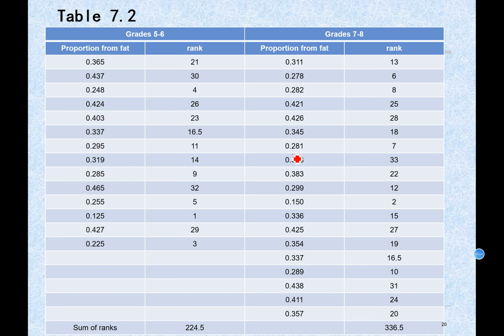We can find that this is group 1, the proportion from fat. This is group 2, and here group 1 and group 2, they are independent. So how do you know they are independent?